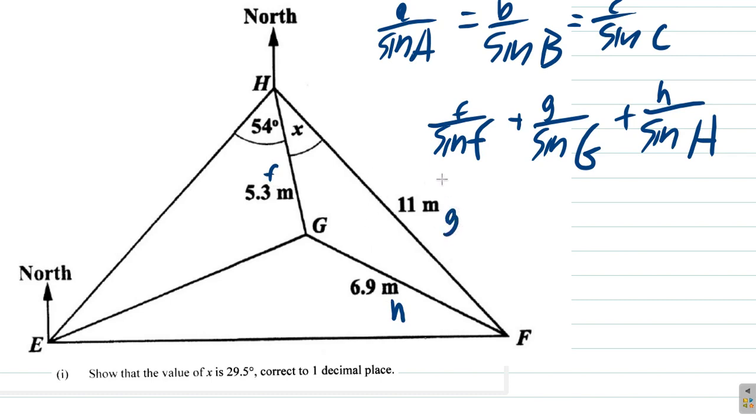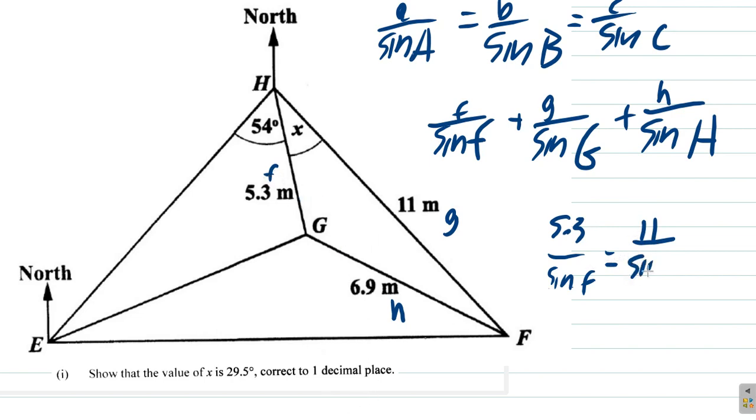Now, side F, 5.3 over the sine of F, which we don't know. So we just write sine F, equals the side G, which is 11, over the sine of angle G, we don't know.